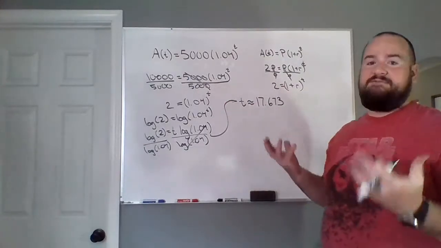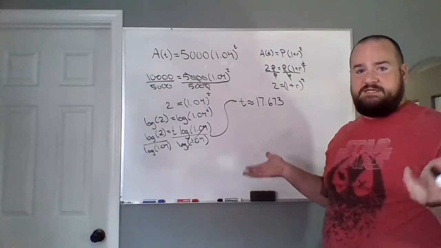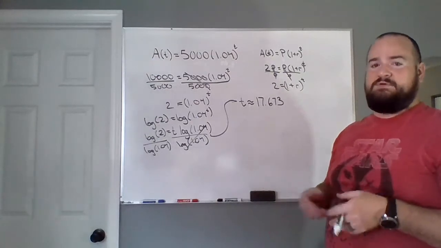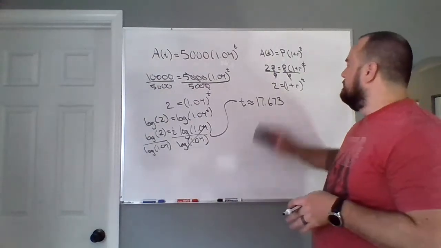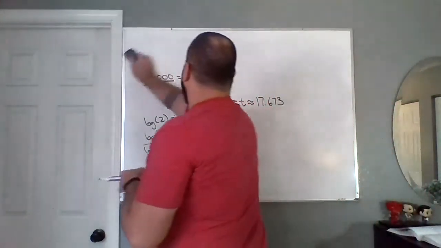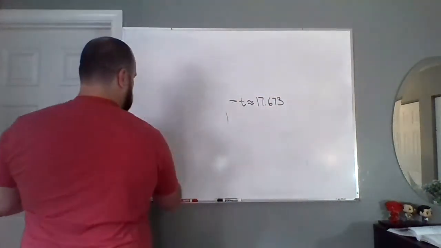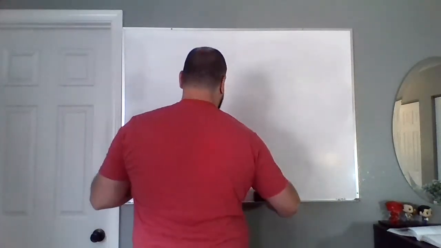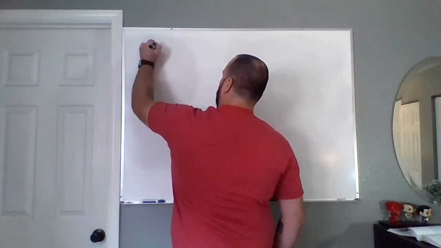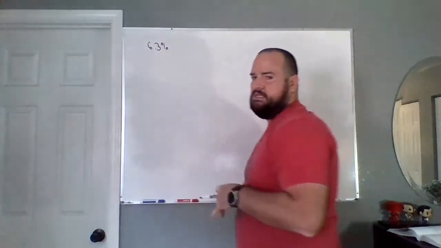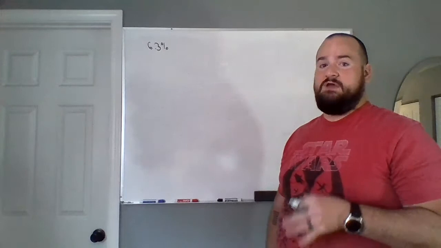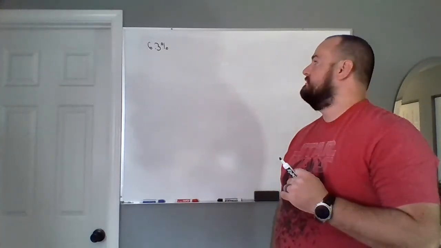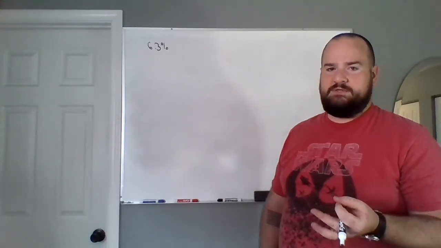So if I say I invest money into an account that gains 6.3% interest, and I want to know how long until this bank account triples. Okay? Do I need to know how much I invest?